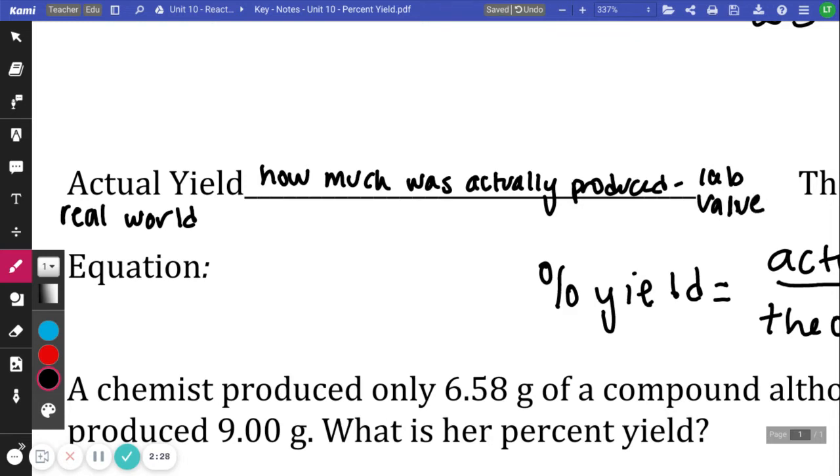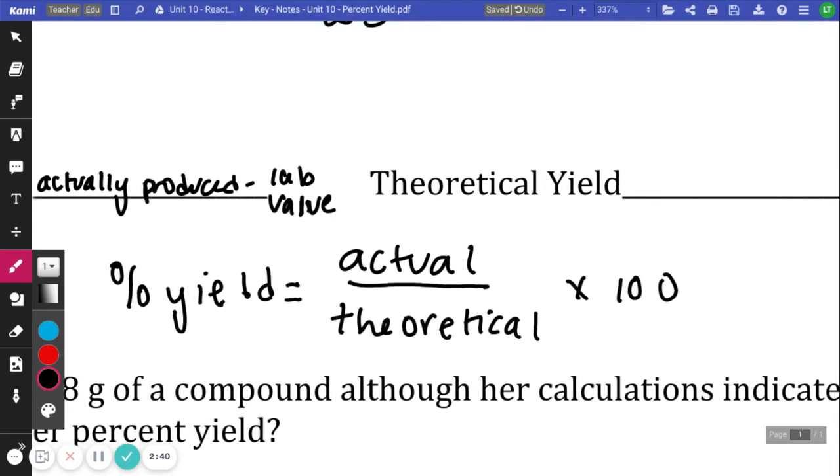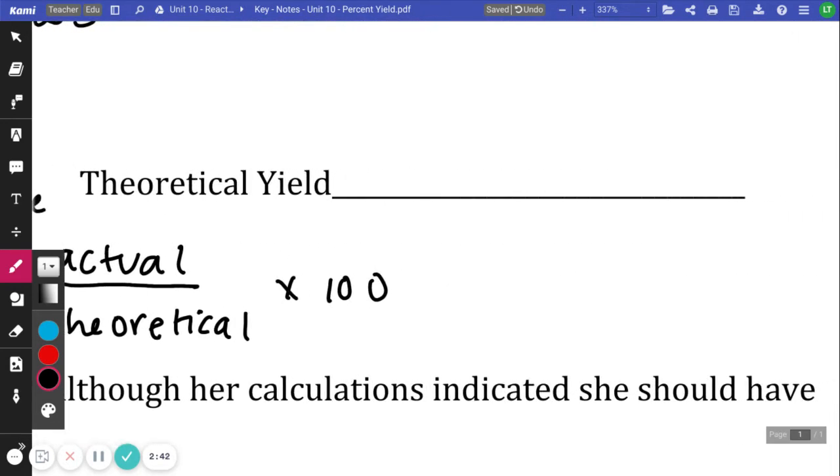We don't always make as much as we could in lab because we make mistakes. We're not perfect. Then our theoretical value, I always call it our perfect world value. If we did everything perfectly and made no mistakes, this is how much we should have been able to produce.